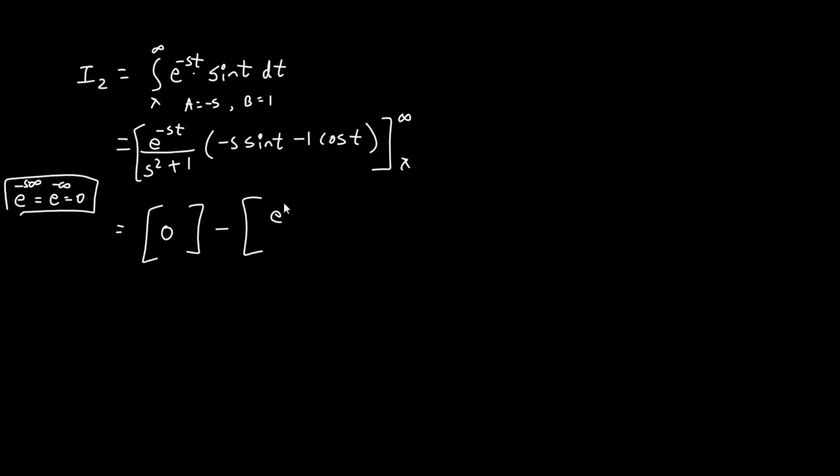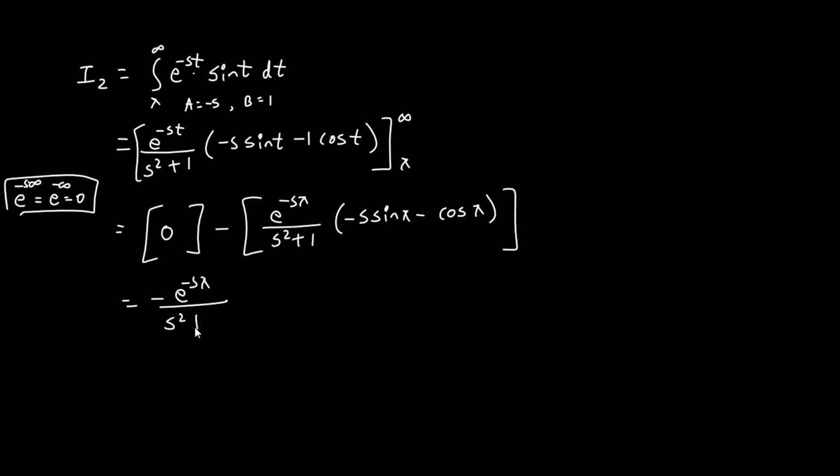So we get minus e raised to minus s pi upon s square plus 1, sin pi is 0 and cos pi is minus 1.